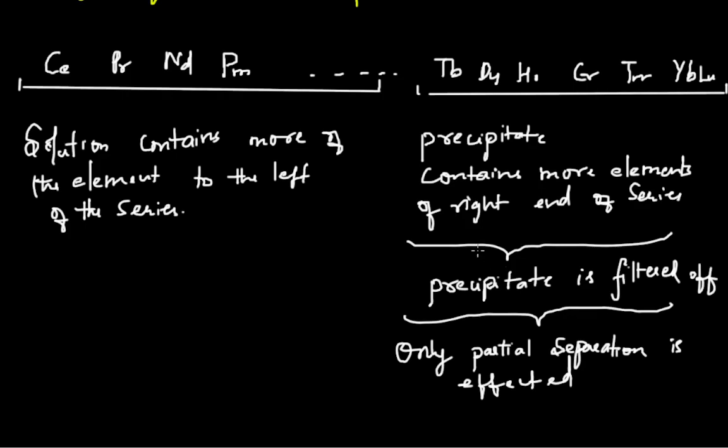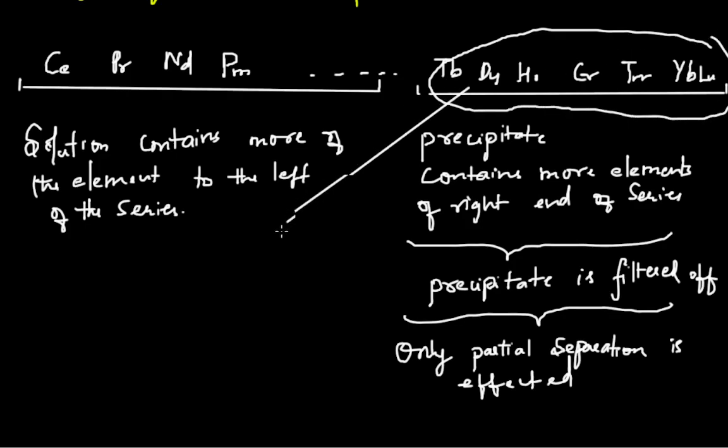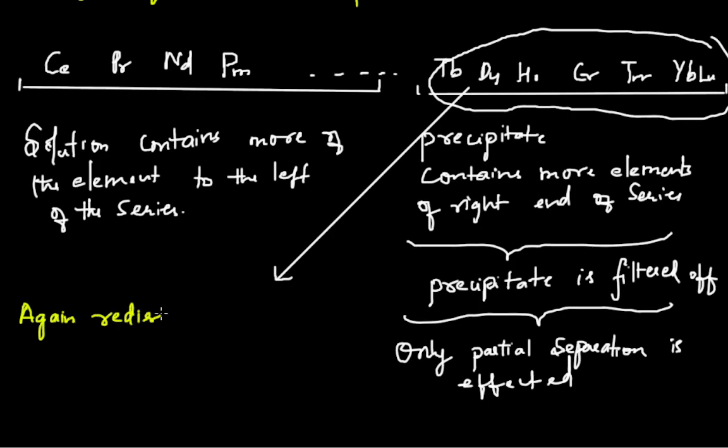So now take these ions again, take the precipitate and redissolve it in HNO3.